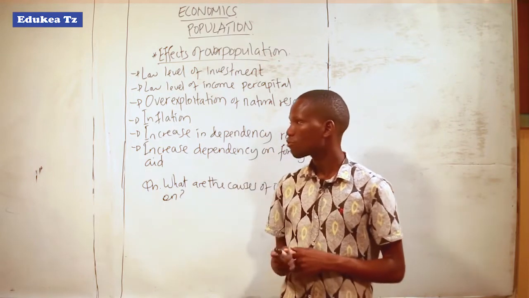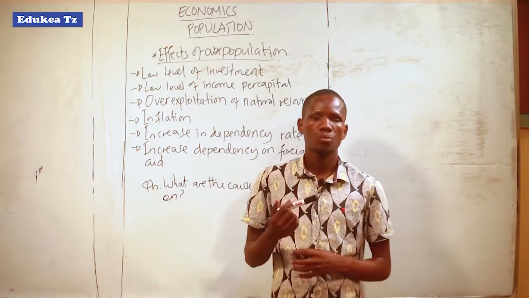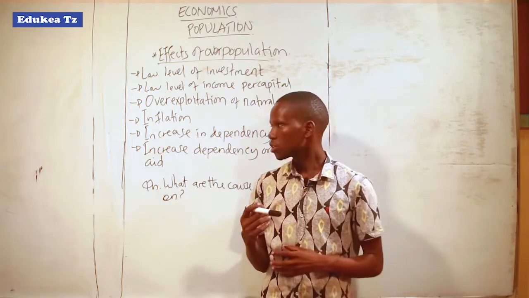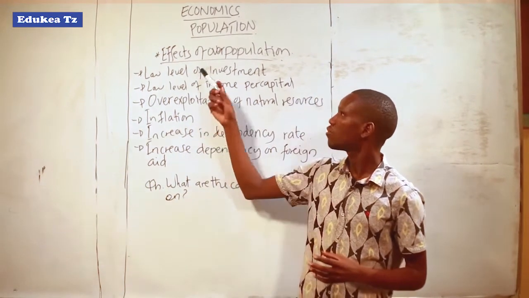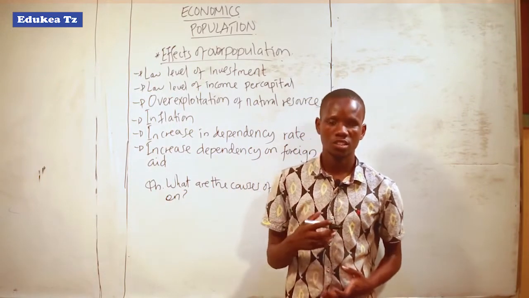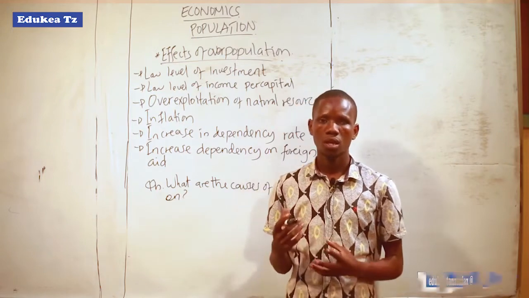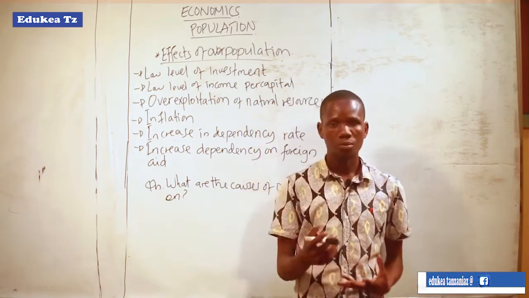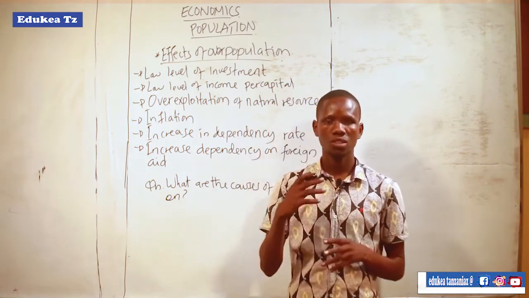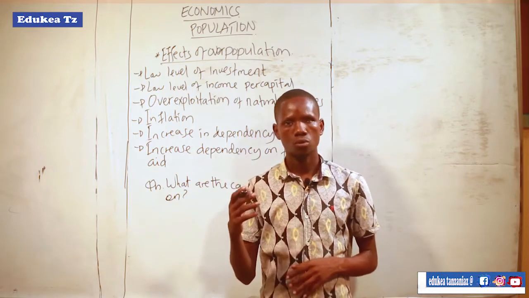Another effect of overpopulation is inflation. Inflation refers to the persistent increase in the general price of goods and services in a community. This occurs because in overpopulation we expect a large number of people compared to the area and the natural resources available to support the population. If there is a large number of people, while the resources to support the population do not match the population, there will be a low supply of goods and services, while there will be a higher level of demand for goods and services.